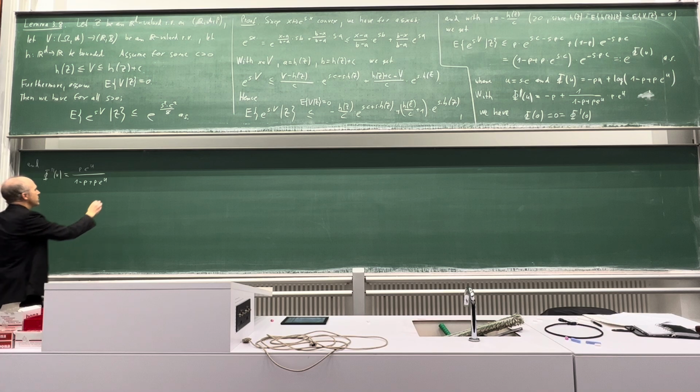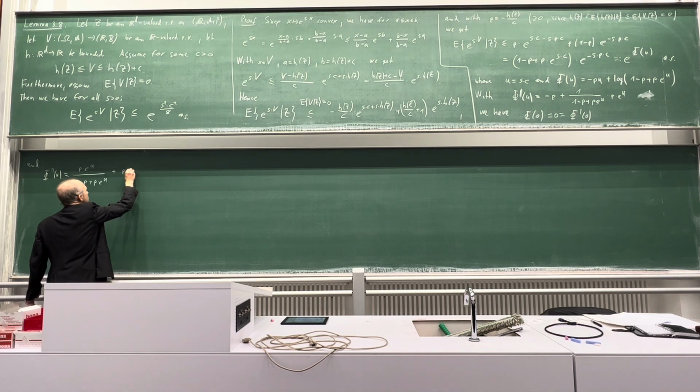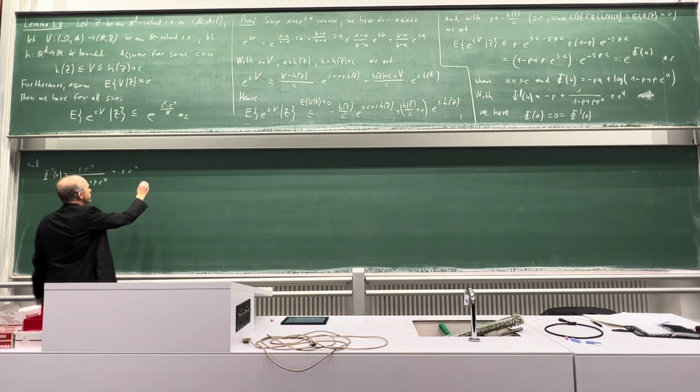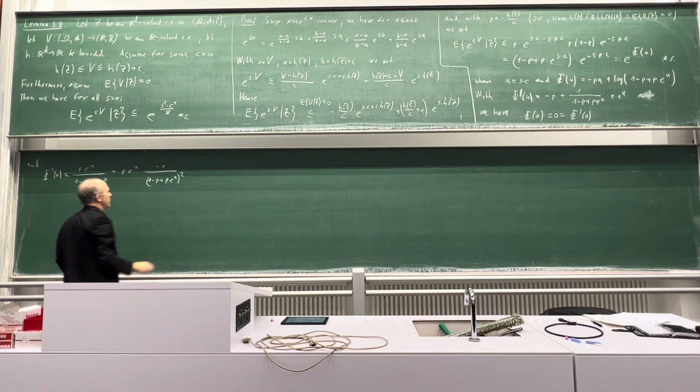And then I have to add the product where I derive the first factor and keep the second factor. The second factor is p times exponential u, and the first factor is the function to the power minus 1, so it's minus 1 times this function squared, 1 minus p plus p times exponential u squared.